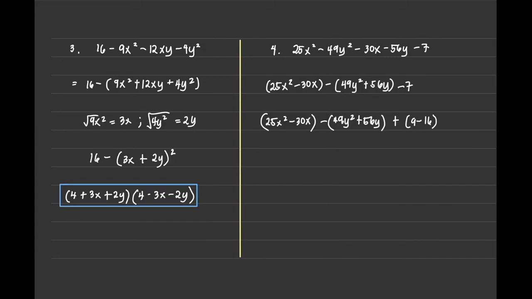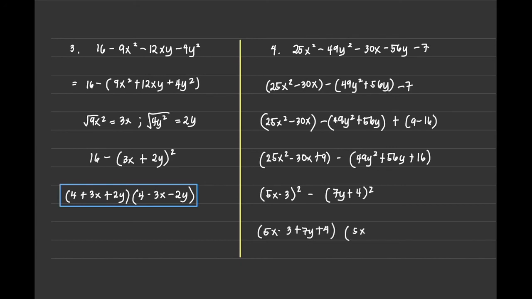From the renamed term, we can now have two PSTs. We have. Rewriting these PSTs to square of a binomial form, we get. With this, we can still factor it out using difference of two squares, giving us the final answer.